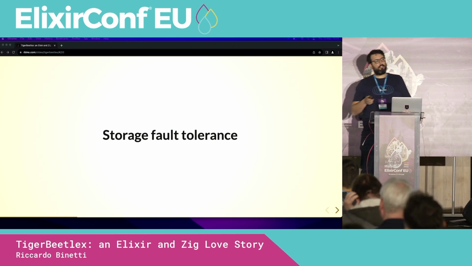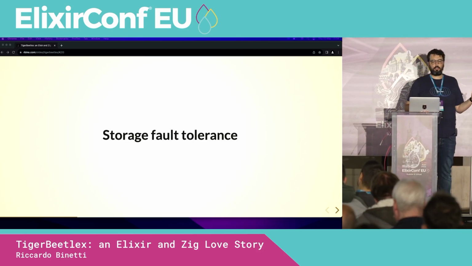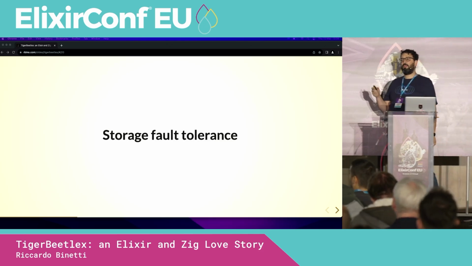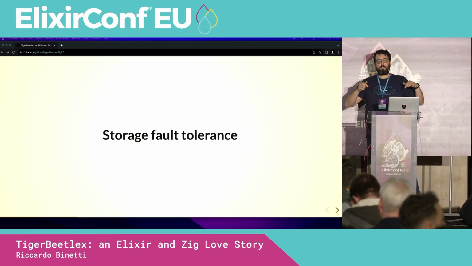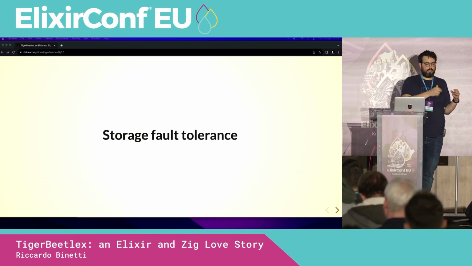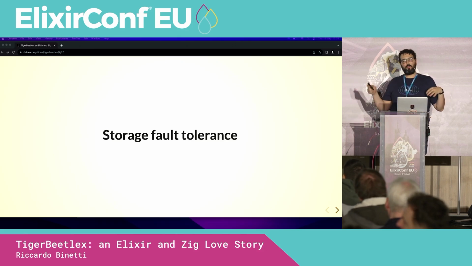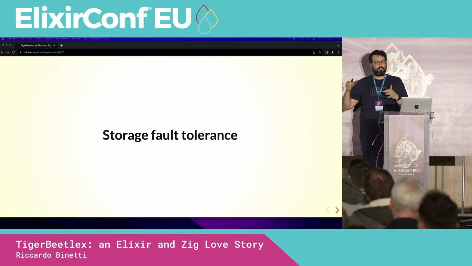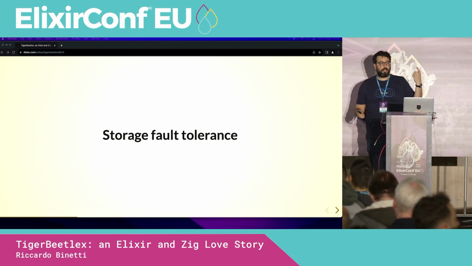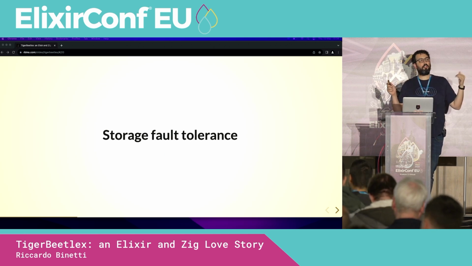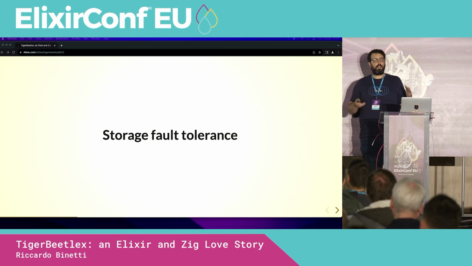And the nice thing is that TigerBeetle integrates consensus and replication with storage fault tolerance. What this means is that, again, being deterministic, all TigerBeetle replicas have the same data file bit by bit on disk, which means that if one replica detects that its storage is faulty, it's able to ask for just the faulty block from other replicas and not do a full repair like usual replicated databases do.